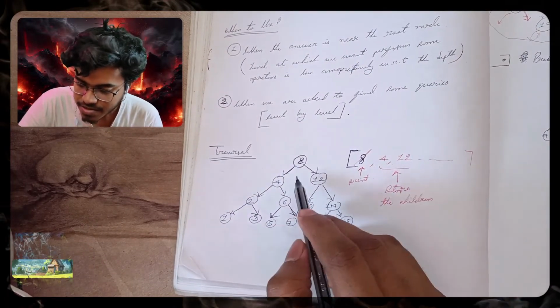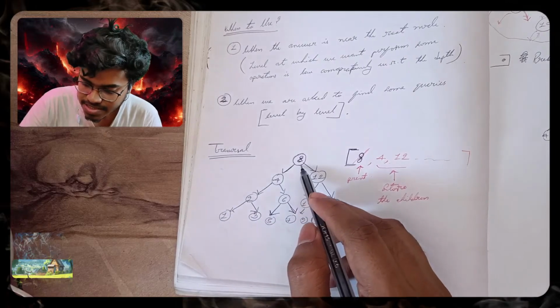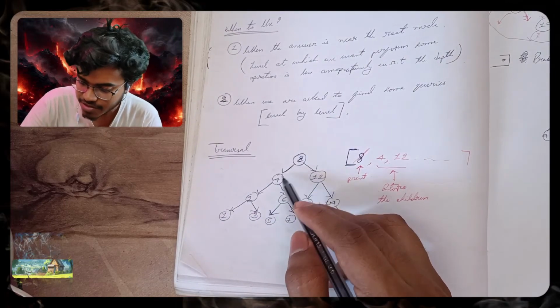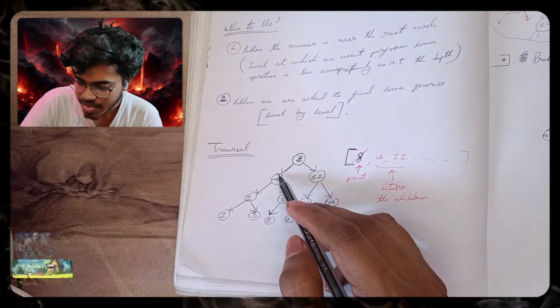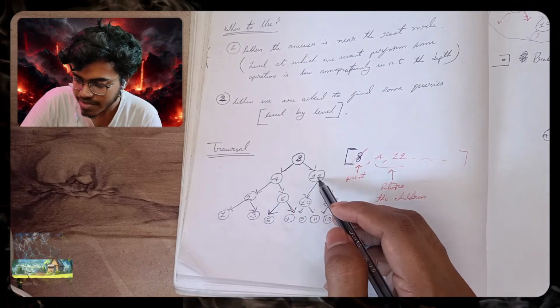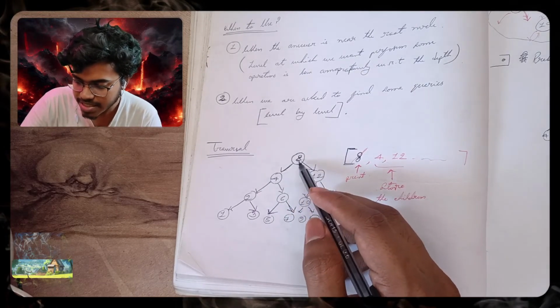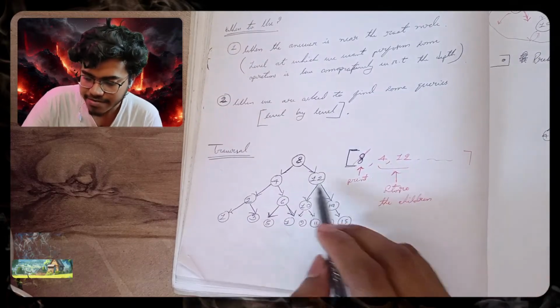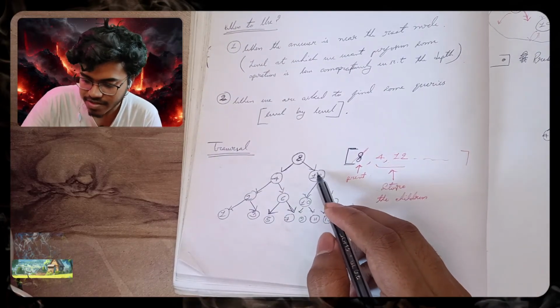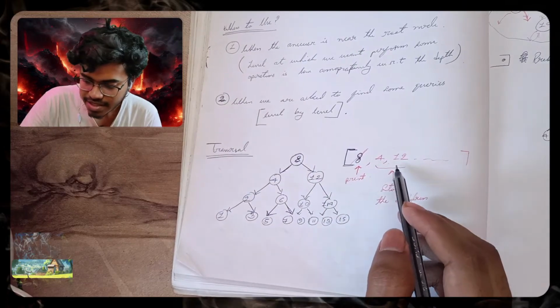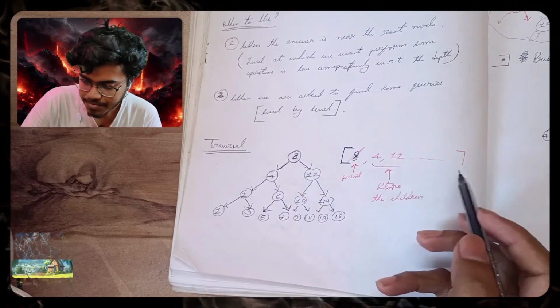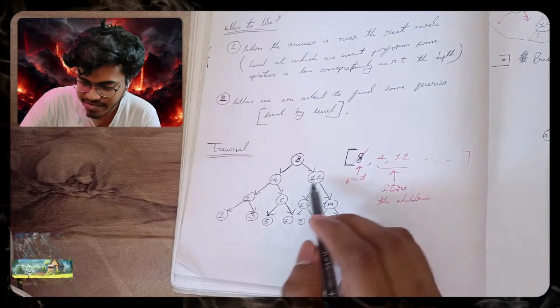Okay, so once the work of 8 is finished, and if we go to 4, then how can we get to 12 without going back to 8 again, right? So we have to store the node 12 in our list, with the help of which we can traverse there.